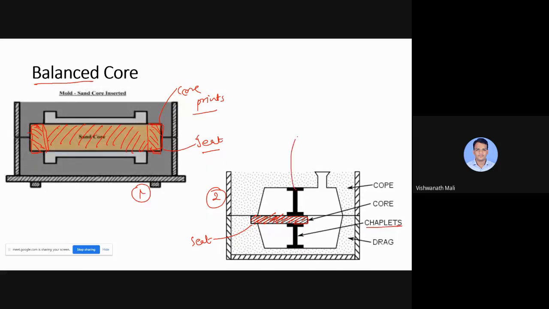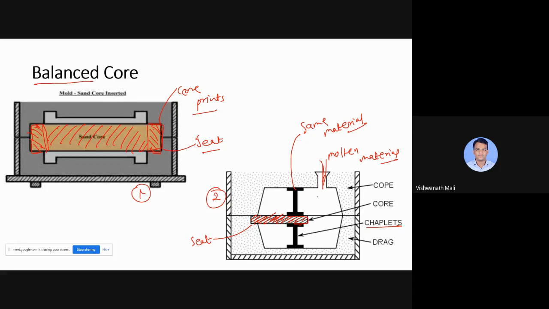Now these chaplets are made up of same material. Same material means what? Whatever the molten metal or casting material which we are using, the chaplet is made up of same material. So its cross section is actually small. Here it is shown large, but its cross section is small. It is just used to support the core, to balance the core, so that it will not get disturbed.